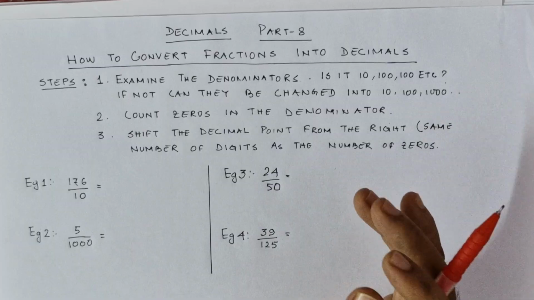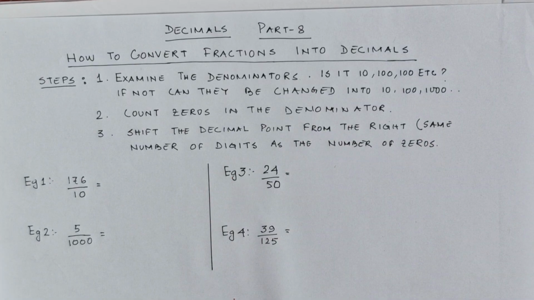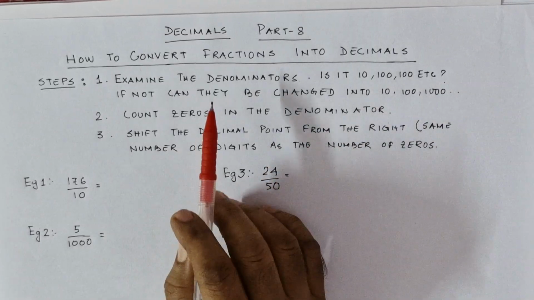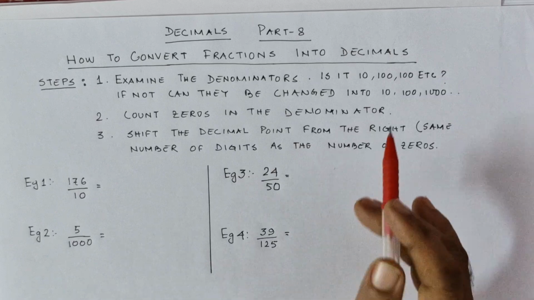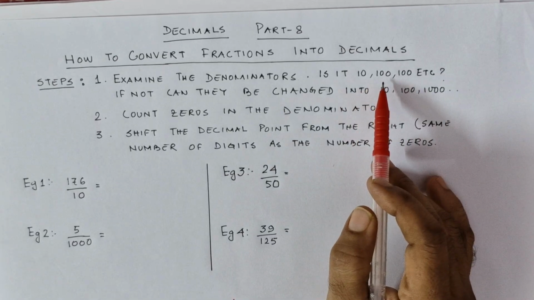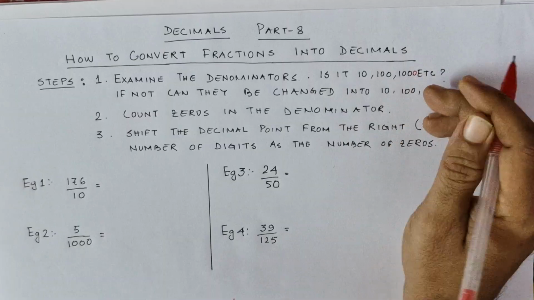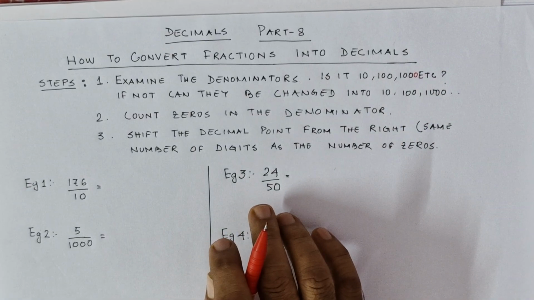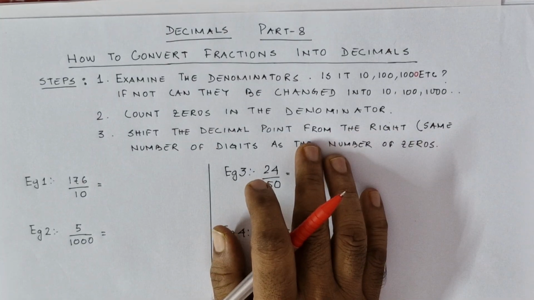So let's start. See students, in order to do that, you just remember three simple steps. Got it? In order to convert fractions with denominators 10, 100, 1000, etc. into decimals, you just remember three steps. Okay.